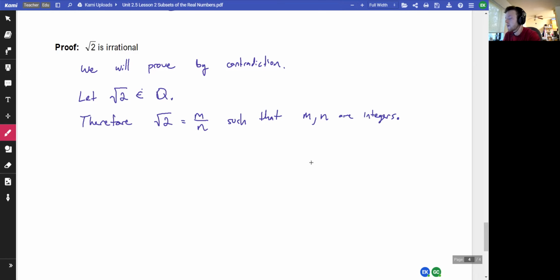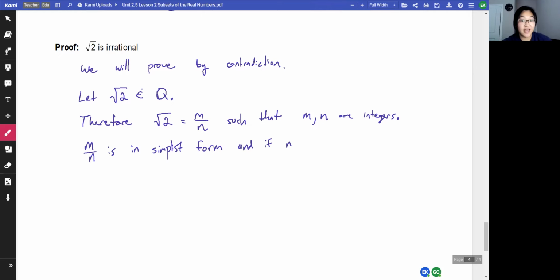I'm going to add a little caveat here. M and n can be reduced, correct? We want to make it clear that m over n is fully simplified, that we're not saying we have an infinite number of ways of defining the exact same number, because you can do that just by multiplying by different ones.